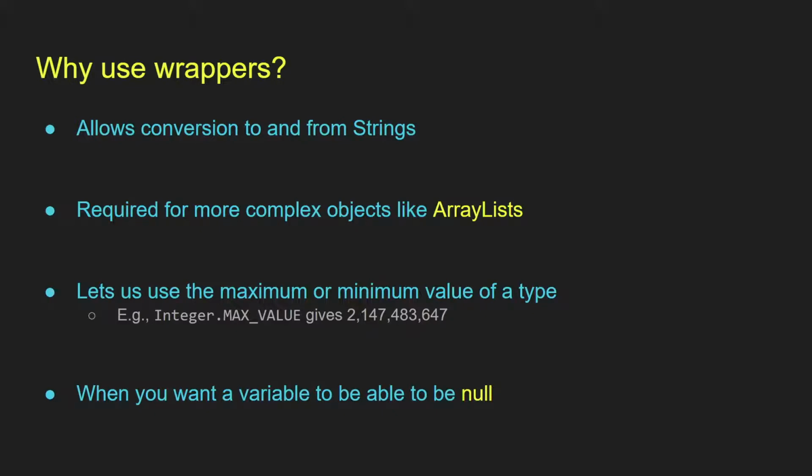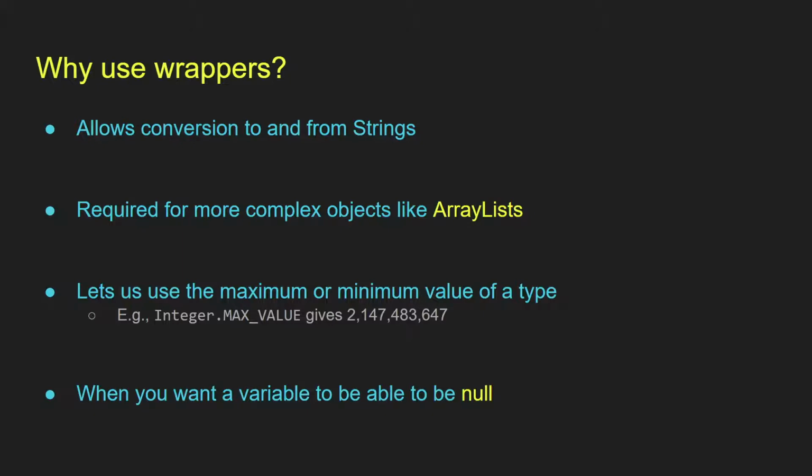So why do we want to use wrappers if it's basically just a fancier version of the primitive type? Well, for one, it allows conversion to and from strings, which is super useful for a lot of string manipulation. Also, it is required for some more complex objects that we'll learn later, like array lists, which require a class type.